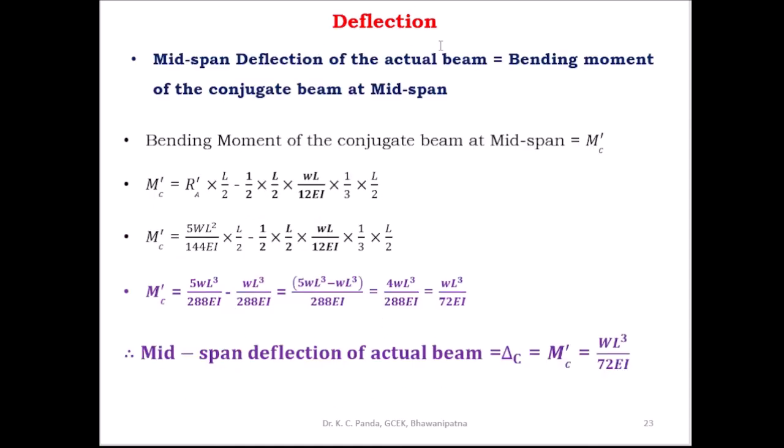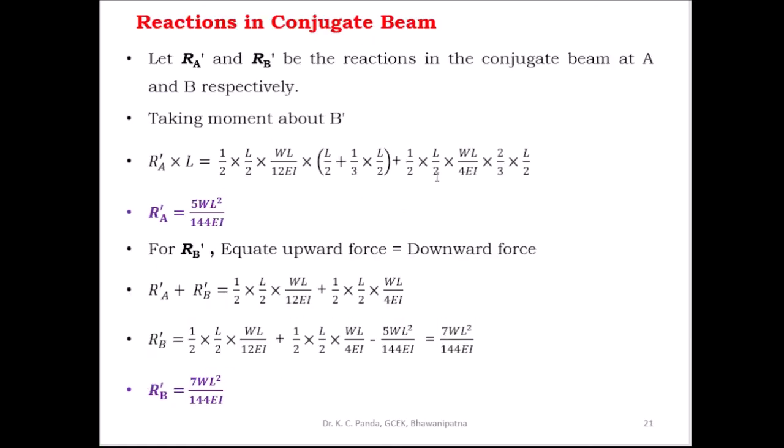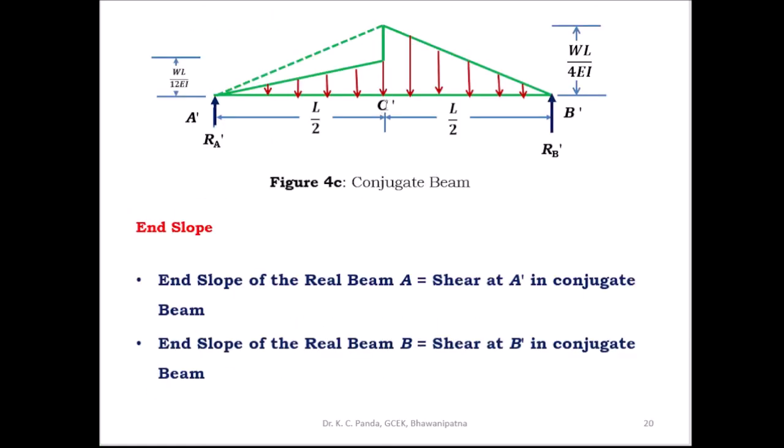Then find out the midspan deflection of the actual beam. The midspan deflection of the actual beam is equal to the bending moment at the corresponding section in the conjugate beam. So the bending moment of the conjugate beam at midspan is MC dash. You have to find out the bending moment at the midspan of the conjugate beam, either by considering the right side of the section or the left side.